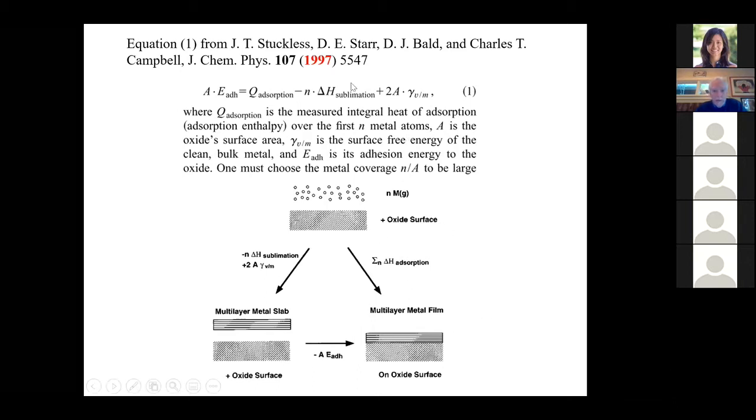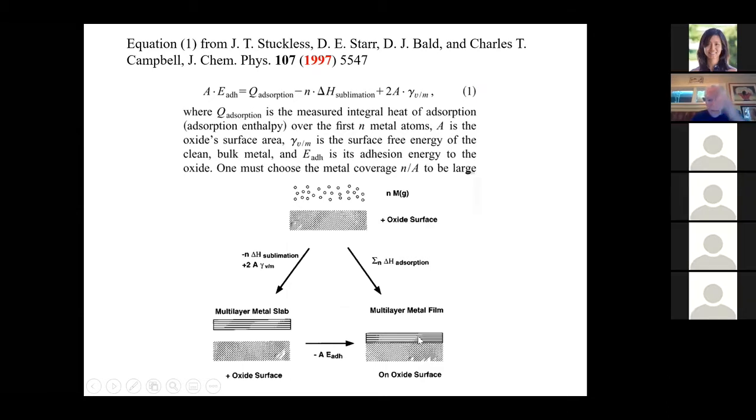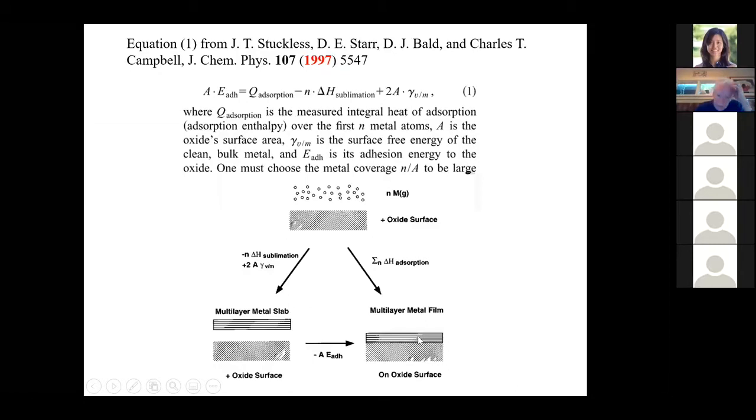We derived this adhesion energy thermodynamic cycle that allows us to calorimetrically measure the heat of adsorption as a function of coverage as we build up a multilayer film of metal.